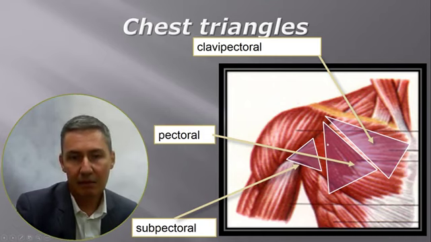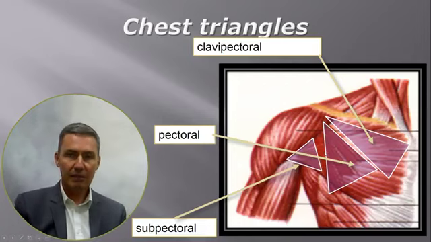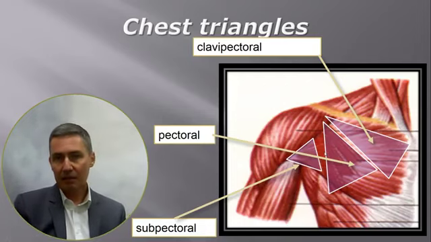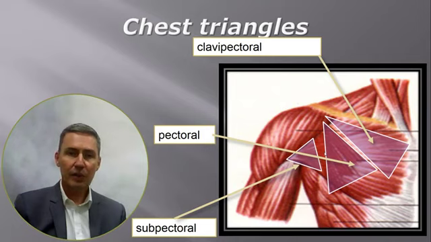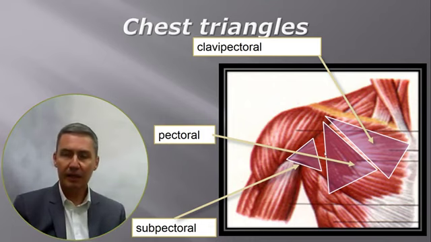Then the pectoral triangle corresponds to the boundaries of the pectoralis minor muscle, bounded superiorly by the superior border of pectoralis minor and inferiorly by the inferior border of pectoralis minor.